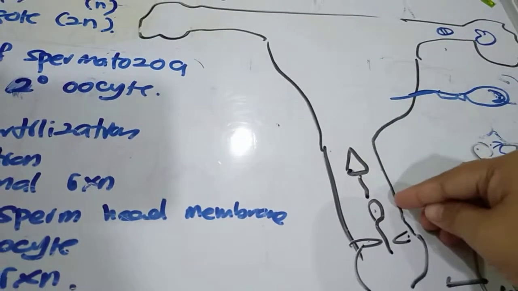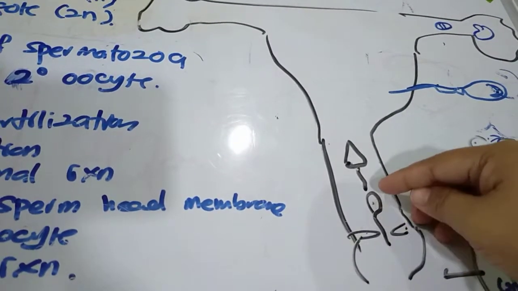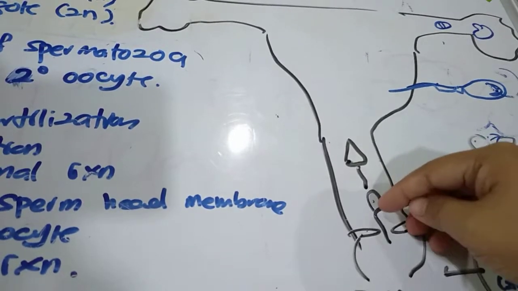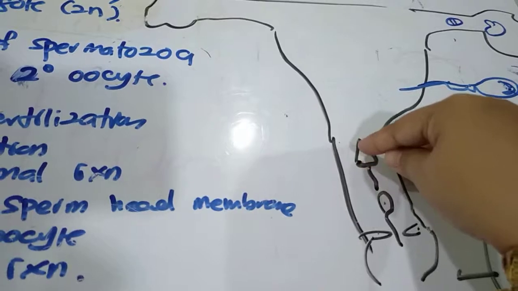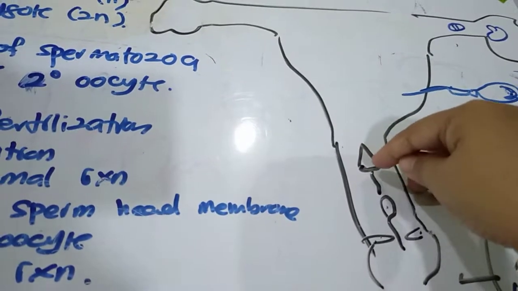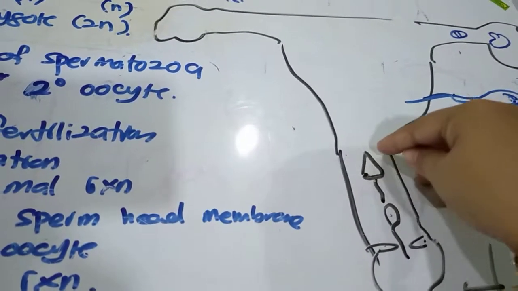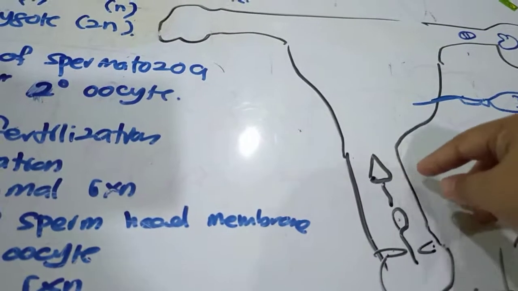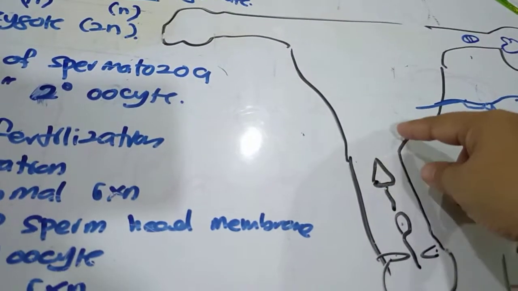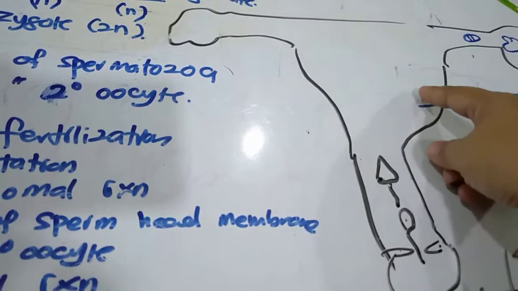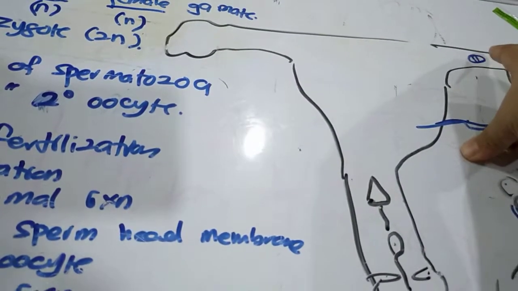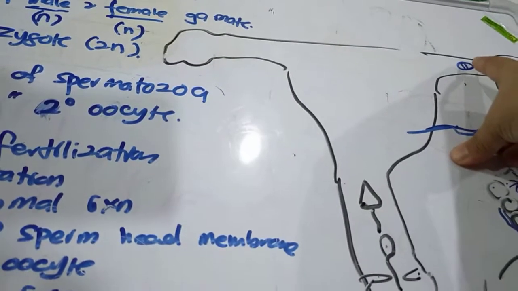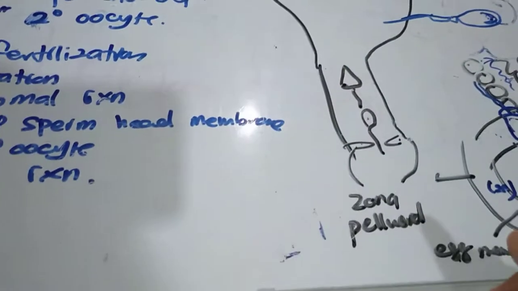When the sperm enters the female reproductive tract, it will undergo differentiation where the head becomes more aerodynamic. So this will assist the sperm to swim faster. It will increase the motility of sperm to swim in the female reproductive tract faster to the oviduct where the secondary oocyte is waiting. Okay.